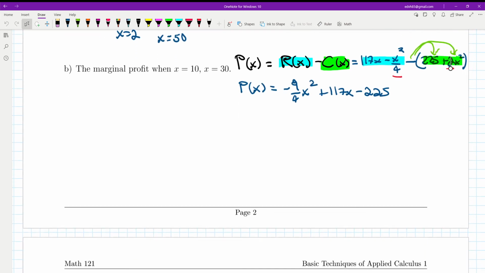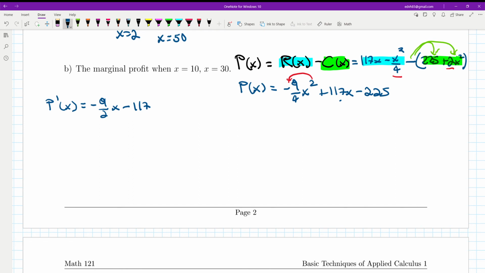Now let's find the marginal profit when x equals 10 and when x equals 30. That is, we need to find the derivative of the profit function, and differentiating this, recall that the 2 goes in the front to multiply the negative 9/4, and that reduces to 2 times 9 is 18, 18/4, that reduces to negative 9/2 of x, the derivative of 117x, which is 117, the derivative of negative 225, which is 0.